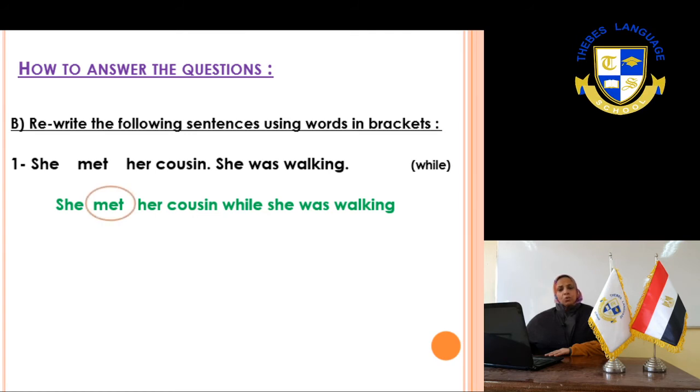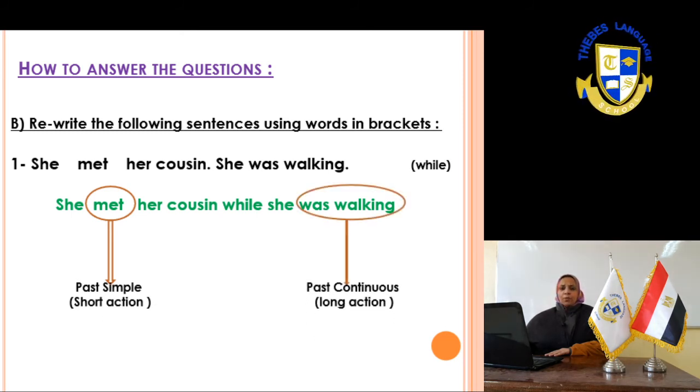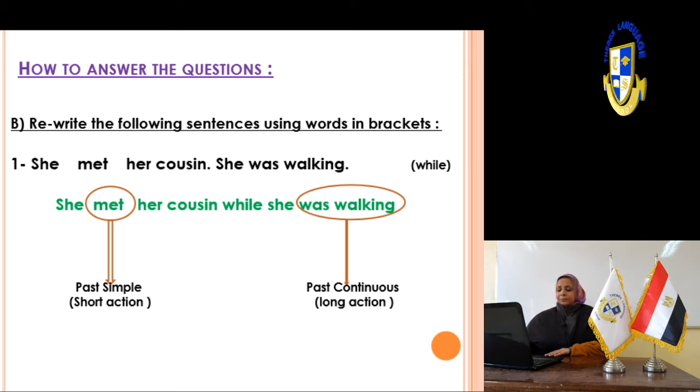Met or was walking? Of course, was walking. Now, was walking here is a past continuous. You have to circle was walking and write over it PC for past continuous. And you have to circle the word met and write over it PS for past simple. Now, she met her cousin while she was walking.